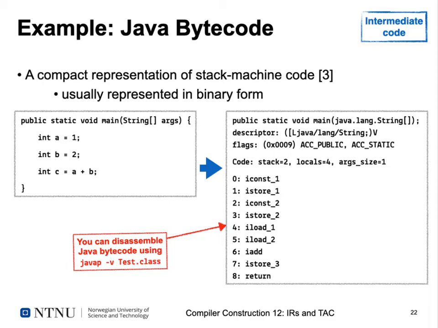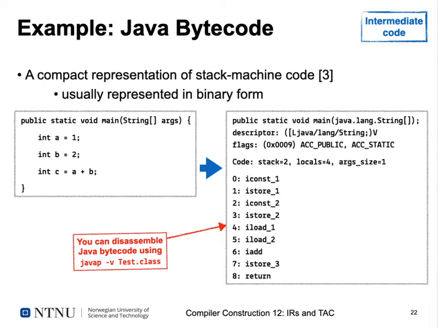So our code now says, okay, we have some stack use, we have some locals, we have argument size, and what we do now is we use these machine instructions. Our first machine instruction here, you see we don't have any variables anymore. This just says iconst_1, which means we generate this constant and store it here. The same for our constant 2, which we store then.